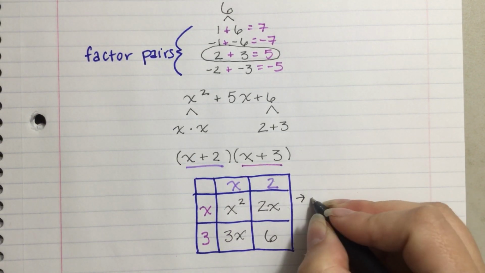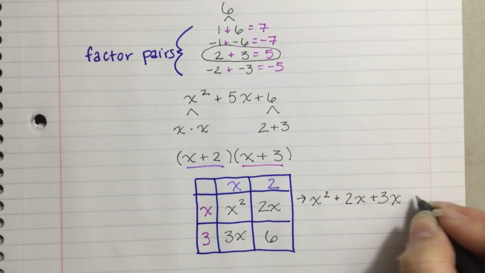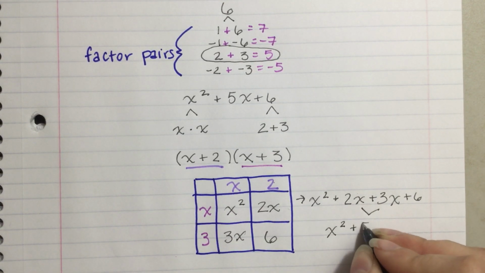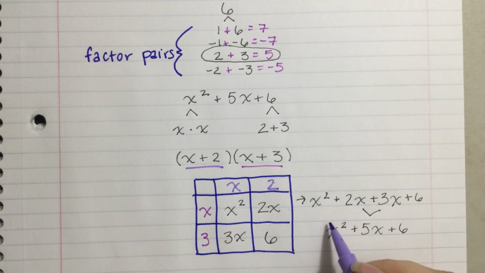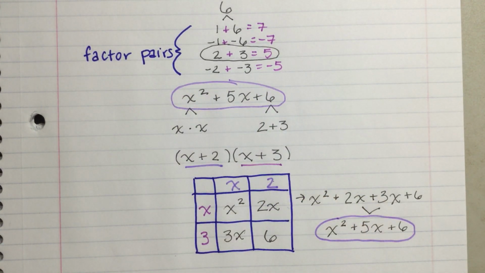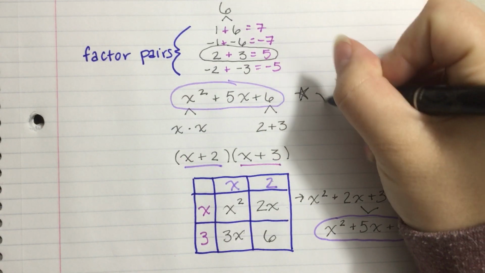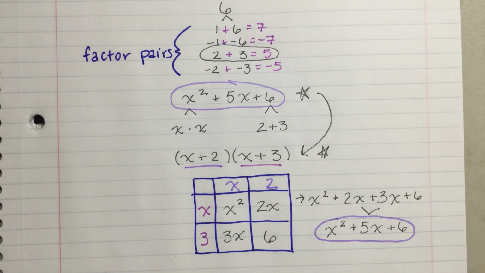And if I pull that out of my box, I end up with x squared plus 2x plus 3x plus 6, and these can be simplified. And then that matches my original trinomial. So your goal essentially is to go from this to that. Okay, so we're going backwards from what we did last week. We're undoing what we did.